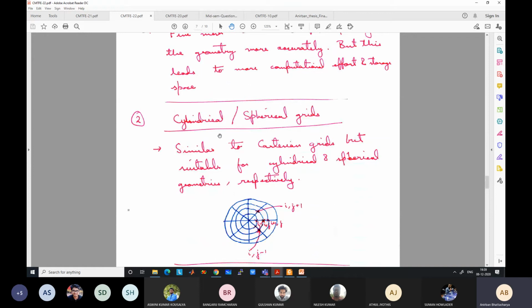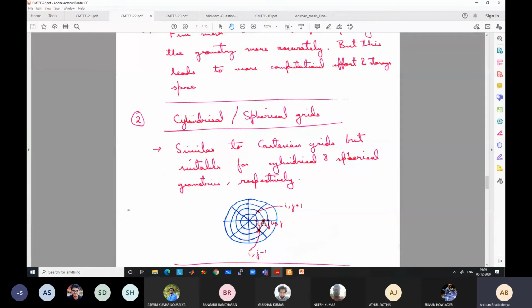Similarly, we can also develop structured grid in cylindrical or spherical coordinate system. It will be exactly similar, but in cylindrical or spherical coordinate system. For example, I have shown here a cylindrical coordinate system where again one coordinate line is along the r direction, second one is along the theta direction, and one will be along the z direction, like the axis of the cylinder, which is not shown here. So it is structured because it follows the same structure, meaning i is increasing along the r direction.